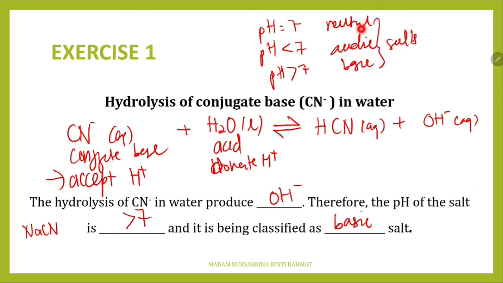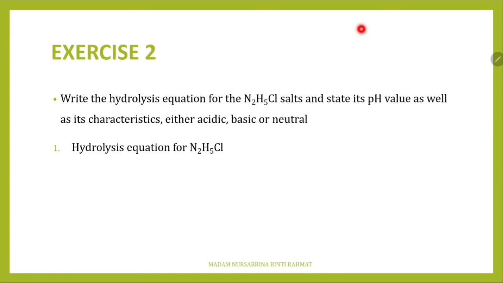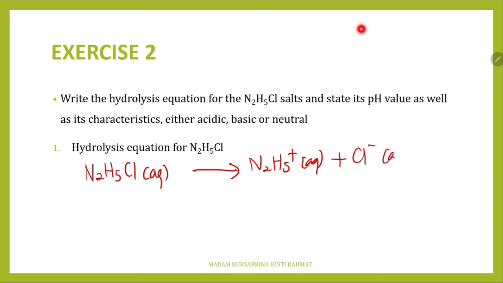Okay, so let's do exercise 2, which consists of N2H5Cl. Breaking down N2H5Cl, we have N2H5 plus and Cl negative.